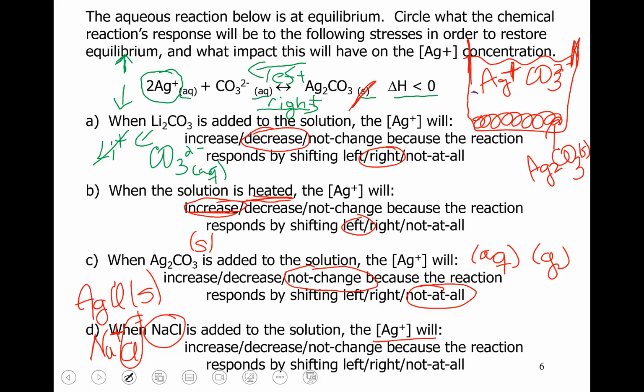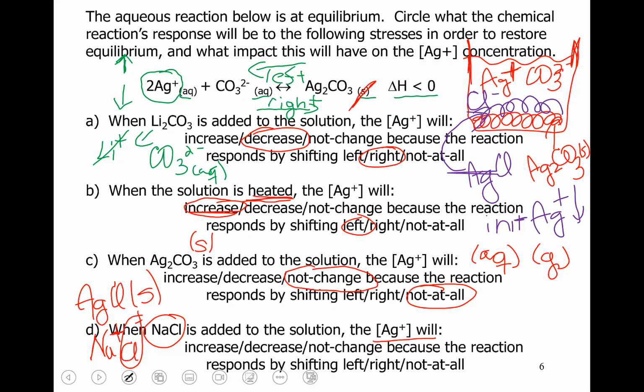So when I add chloride to this solution, it's going to start reacting with the silver ion to precipitate it and make some silver chloride solid that's in the bottom of the flask. So initially, the silver ion is going to drop, right? Because I've started to precipitate it.